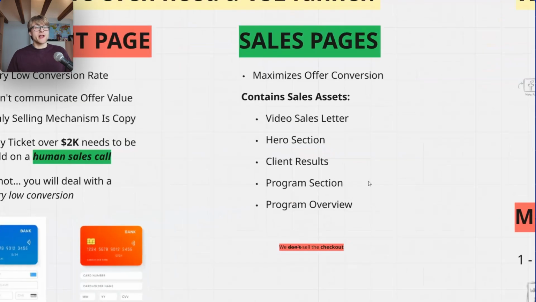So we generally create sales pages to maximize offer conversion, okay? And our sales pages contain assets like a video sales letter, a hero section, client results, program section, program overview, where we can really sell them on the next step in our funnel, which is, in case of the VSL funnel, booking a call with our sales team, okay?